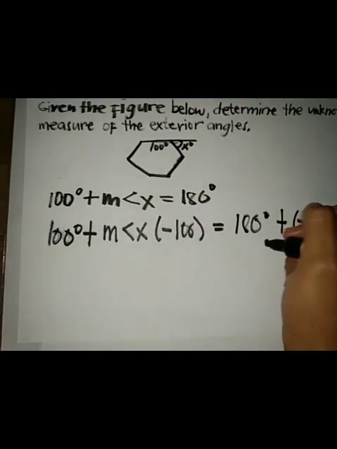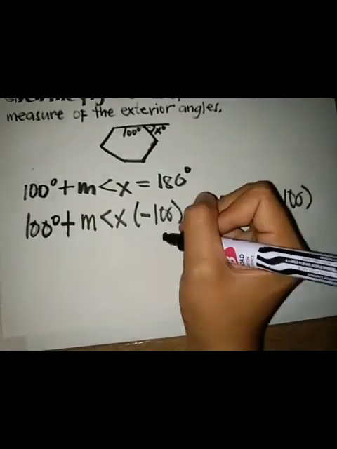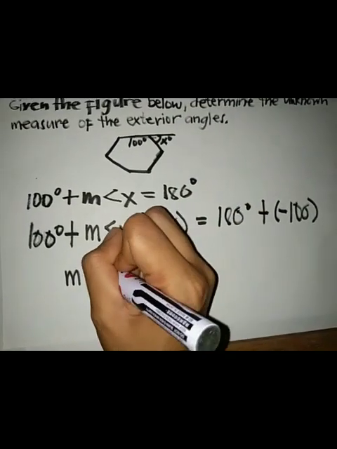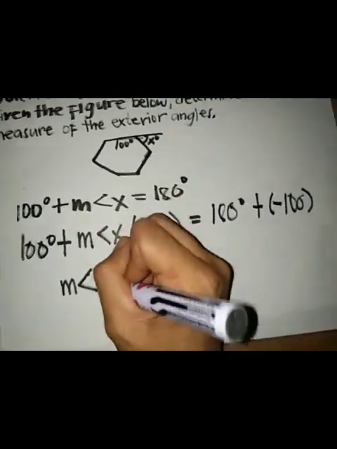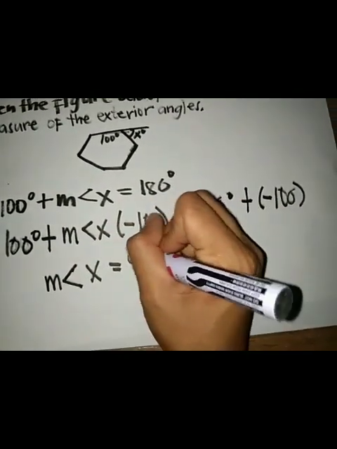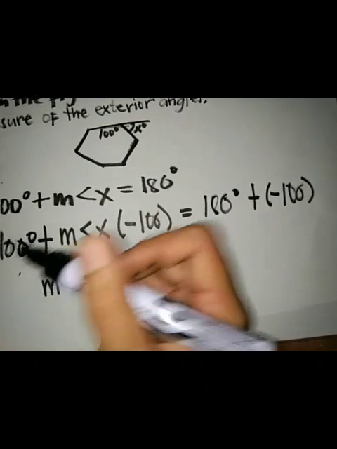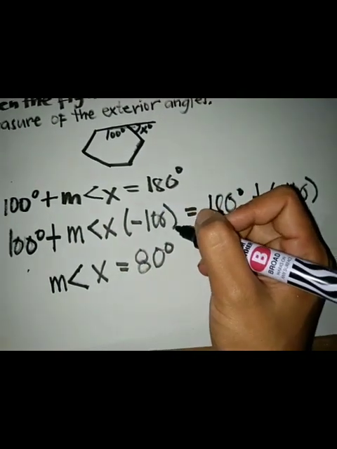So simplify, m angle x is equal to 80 degrees. Why? Because positive 100 plus negative 100.